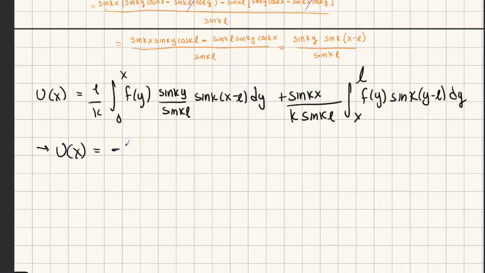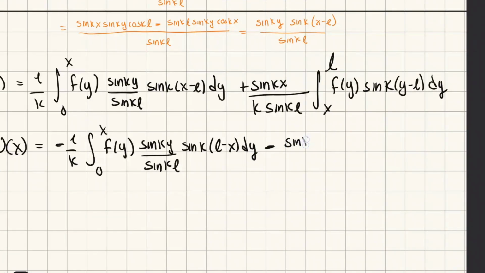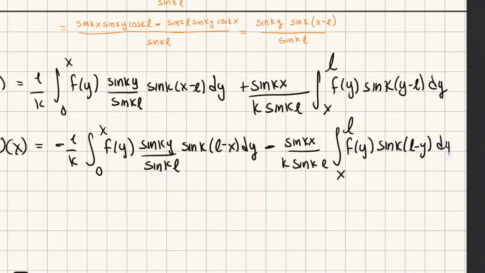So this will be minus 1 divided by k, the integral from 0 to x of f of y sine ky times sine k(l minus x) dy, and then minus sine kx divided by k sine kl, the integral from x to l of f of y sine k(l minus y) dy.